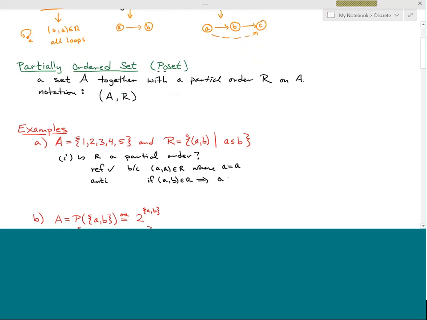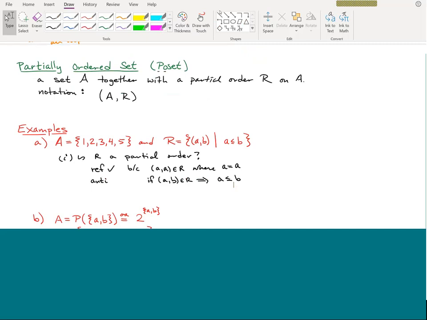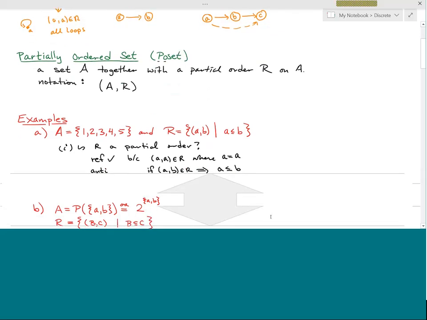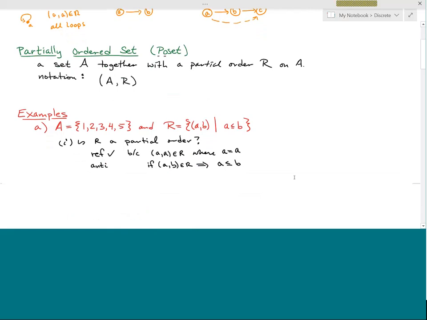Notice what that means: that A is less than or equal to B. Since we already know the relation is reflexive, let's go ahead and assume that A and B are different. So I'm going to put a little slash through the equals part just to say, hey, A and B are different. So our question then is, can we reverse the order?